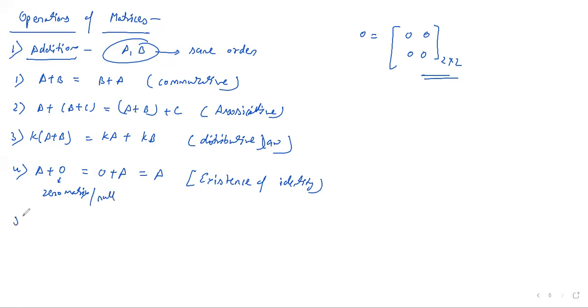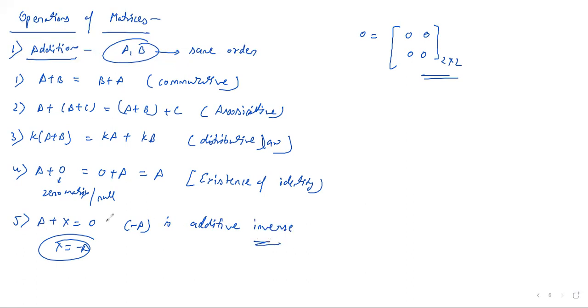Null matrix. And the fifth property is that if A plus X is equal to 0, then X is equal to minus A. Then X equals minus A is the additive inverse. You can also see it by a normal calculation. Take some A with values 1, 2, 0, 1, and add to this matrix x1, x2, x3, x4, which is equal to 0, 0, 0, 0.